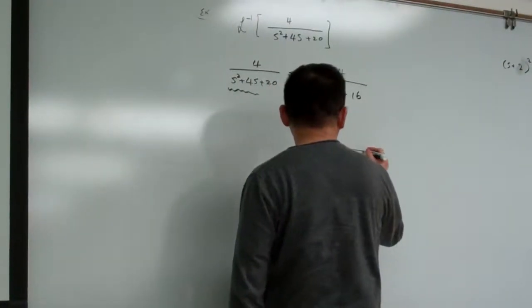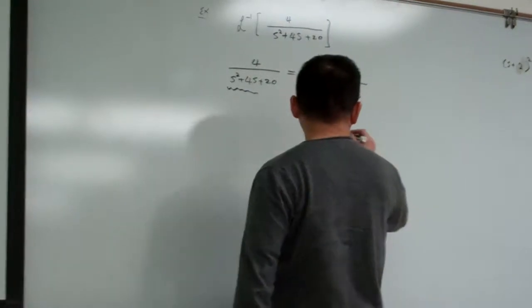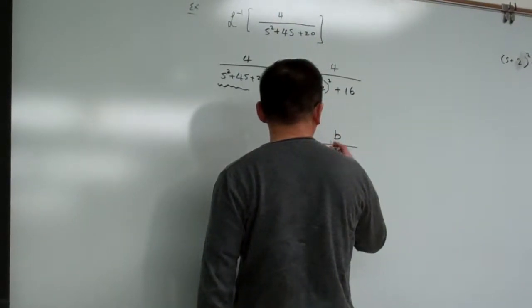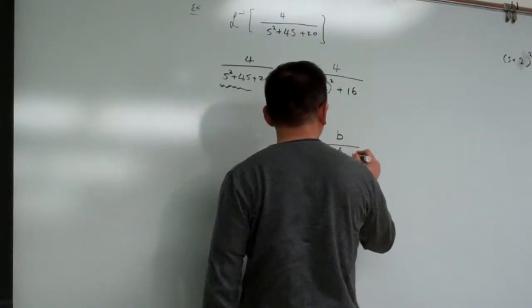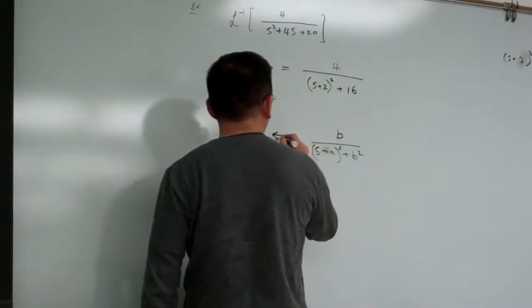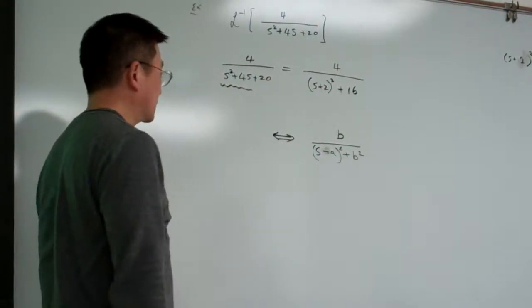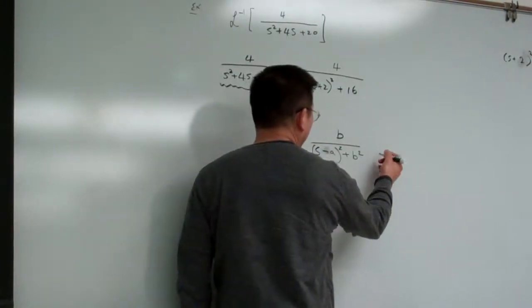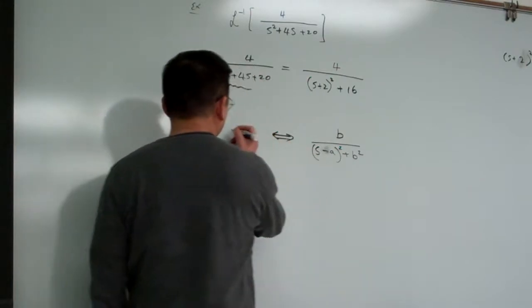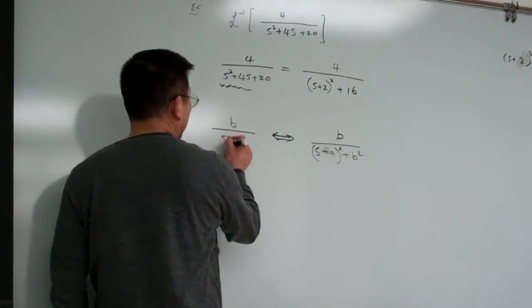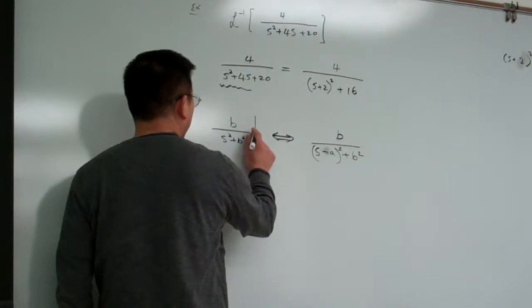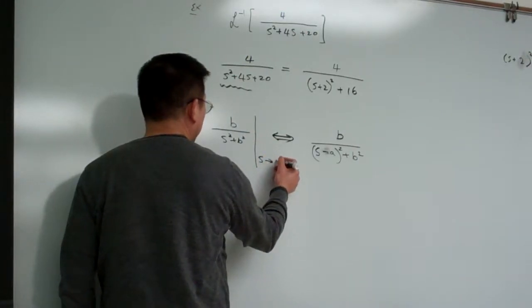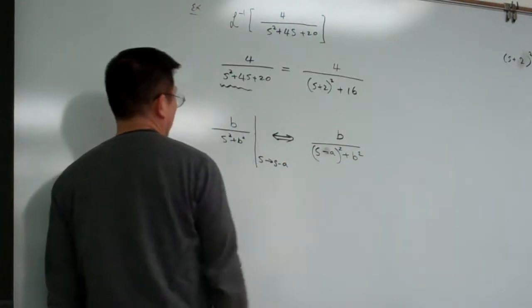b over (s minus a) squared plus b squared. Basically this one is equivalent to b over s squared plus b squared, and we do a replacement of s by s minus a.